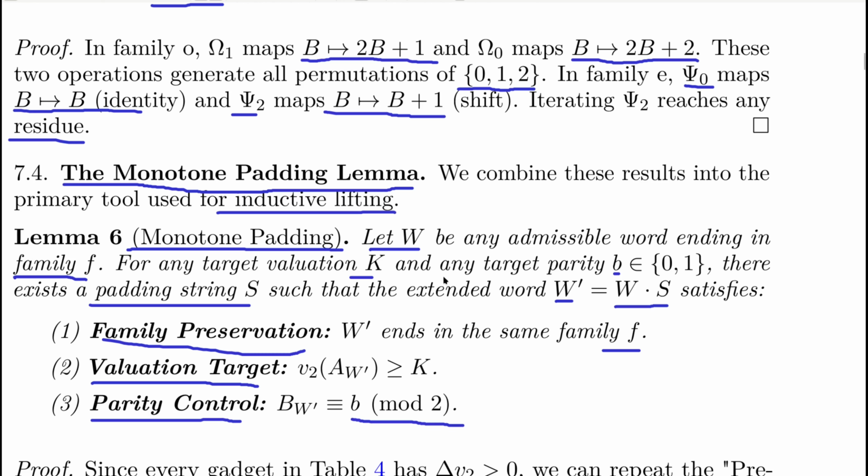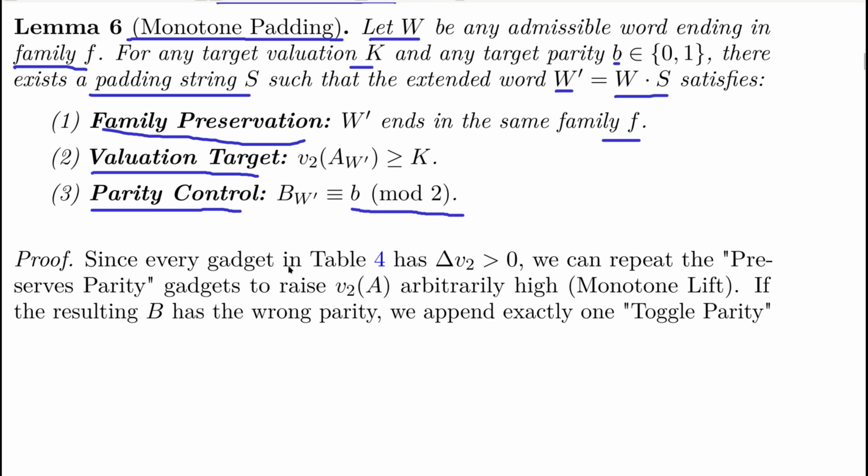Right? So any target parity B, so this is where this B comes from. So proof, since every gadget in table 4 has delta V2 greater than 0, we can repeat the preserves-parity gadgets to raise the valuation of A arbitrarily high. That's a monotone lift. Monotone because the changes go in just one direction, upward, greater and greater.